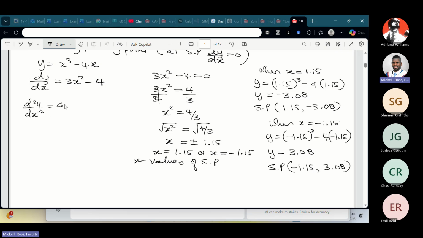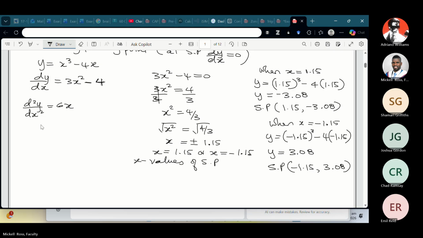So this is going to be equal to 6x. But notice this is a function. This is not a value. This doesn't tell us if this is greater than 0 or not. So in a case like this, we have to go ahead and use the x values of the stationary points in the second derivative to find out if we get a maximum or minimum.